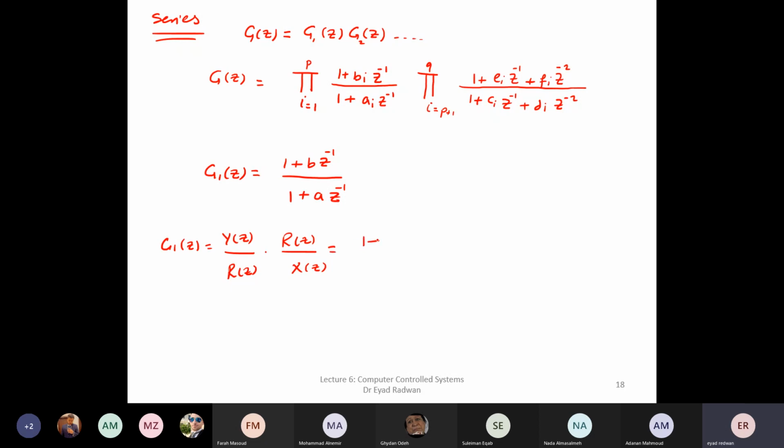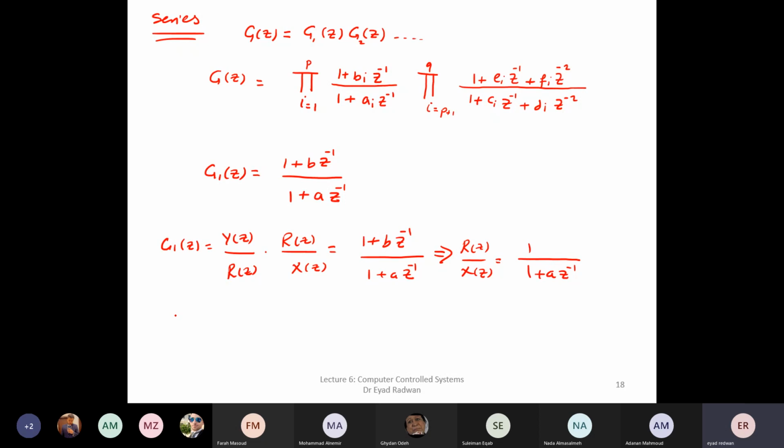We will split again 1 plus B Z inverse على 1 plus A Z inverse بشكل عام. And we will take this term اللي هو R of Z over X of Z equal to 1 على 1 plus A Z inverse.